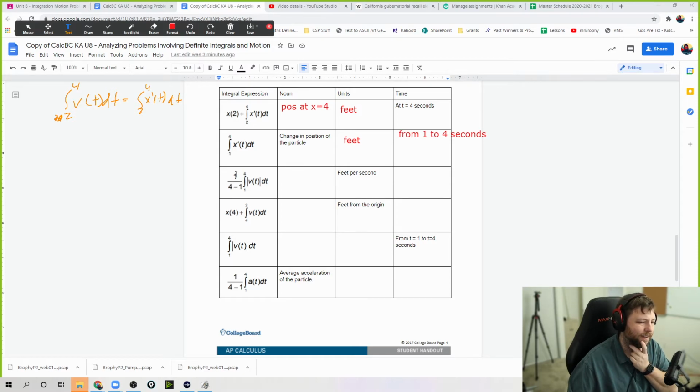What's this one? So this is that average value of the function thing. This part, when I do absolute value right here, means the total distance traveled, right? But if I'm doing this, I'm trying to average it.